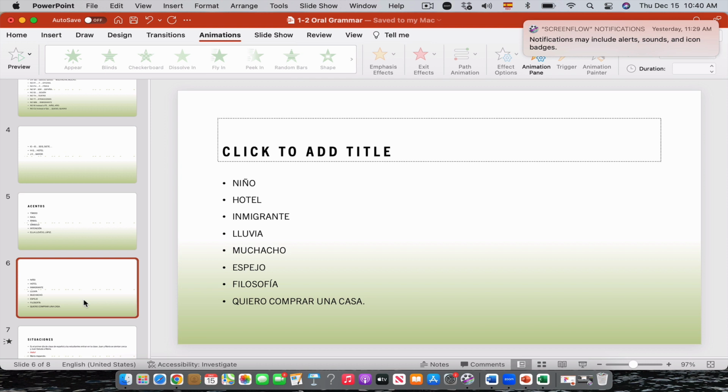You see the NM, inmigrante. The next one is lluvia. LL produces Y. Lluvia. The next one is muchacho. You see the U is mu, and then we have CH, chacho, muchacho.